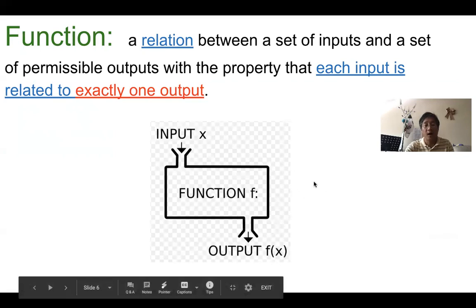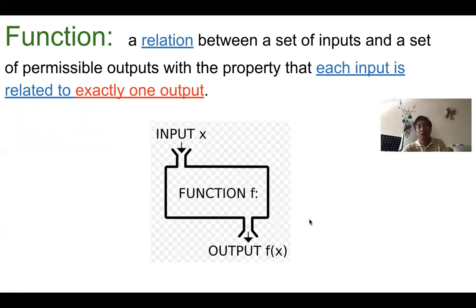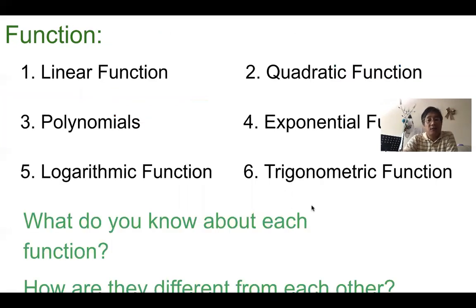But instead of y, we use f of x or g of x, h of x, it doesn't matter. But in the parentheses, x means x is the input value. The f of x is the y output value. So if you see the example, it will be much clearer, so don't worry. So let's see the example.